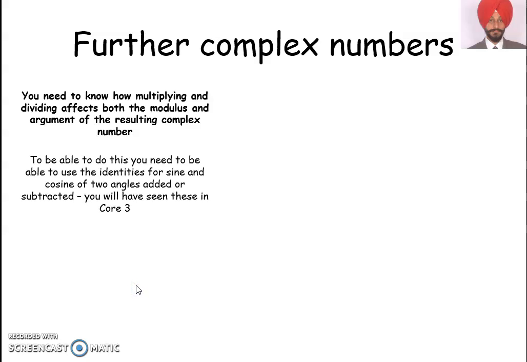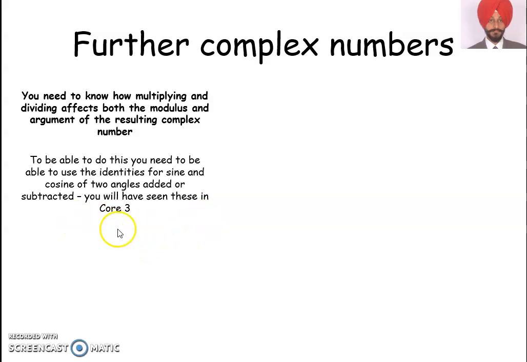You need to know how multiplying and dividing affect both the modulus and argument of the resulting complex number. Now we multiply and divide complex numbers. To be able to do this, you need to use identities for sine and cosine of two angles added or subtracted.